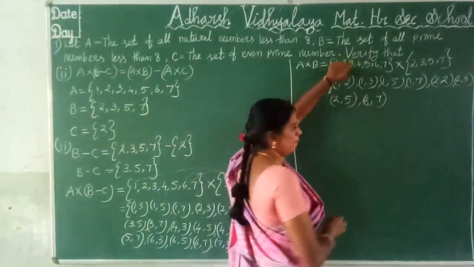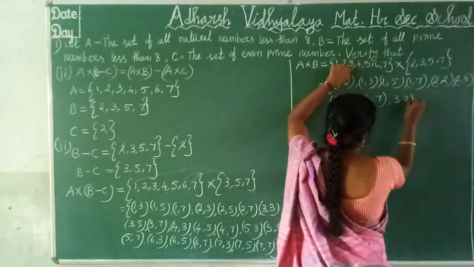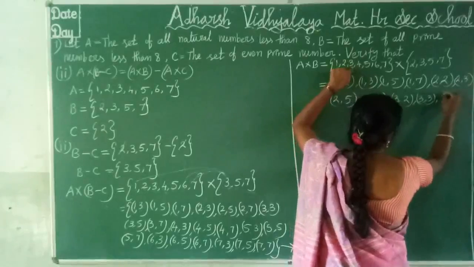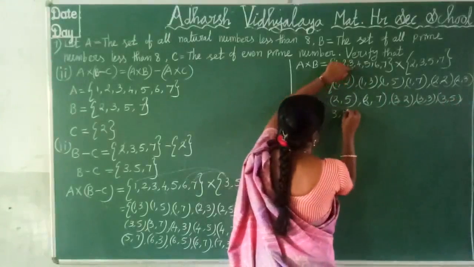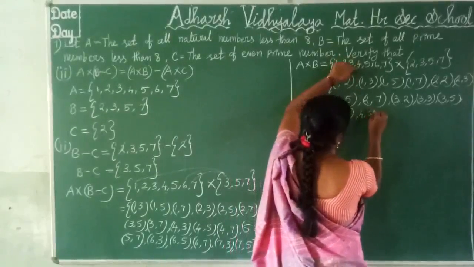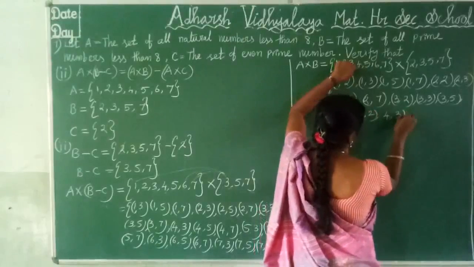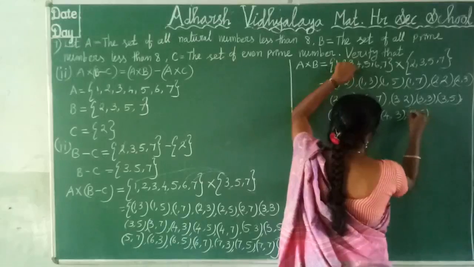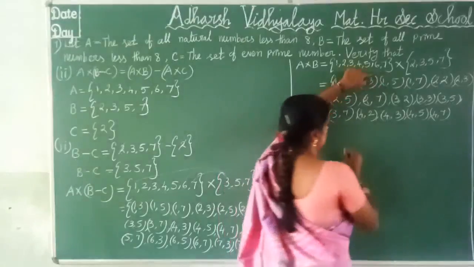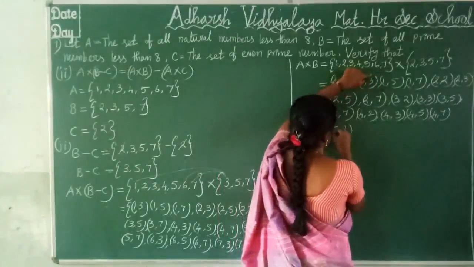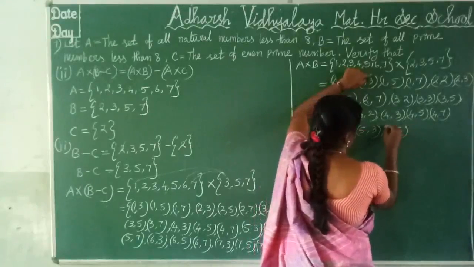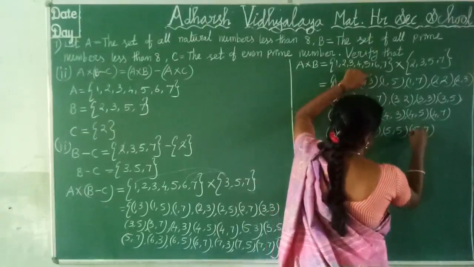Next we take 3: (3,2), (3,3), (3,5), (3,7). Next we take 4: (4,2), (4,3), (4,5), (4,7). Next 5: (5,2), (5,3), (5,5), (5,7).